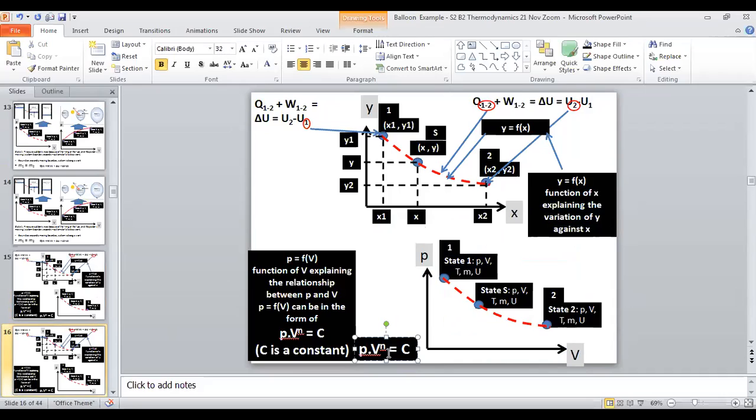So for this case, you can write P1 V1 to the power n equals C.